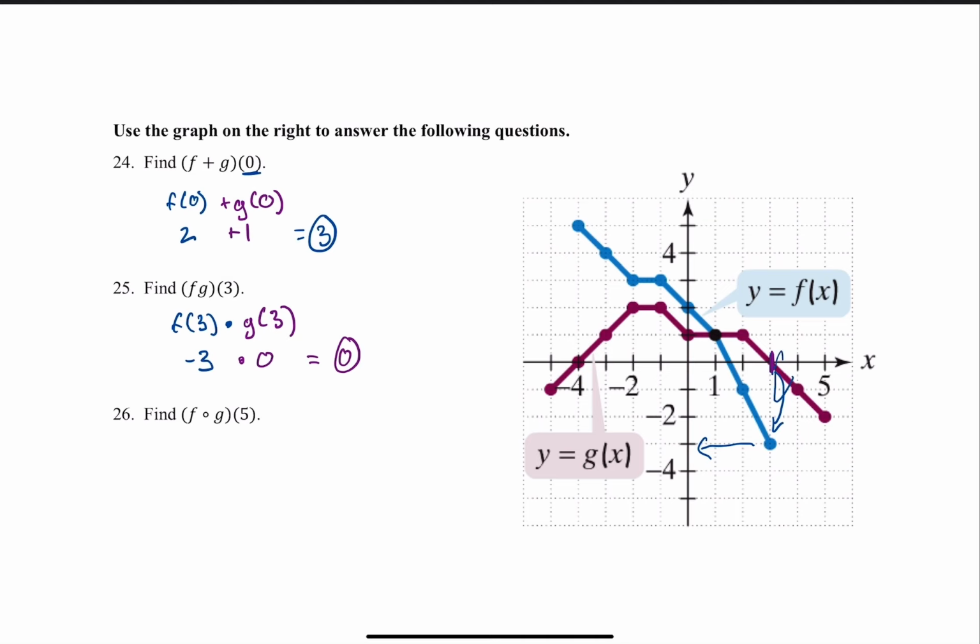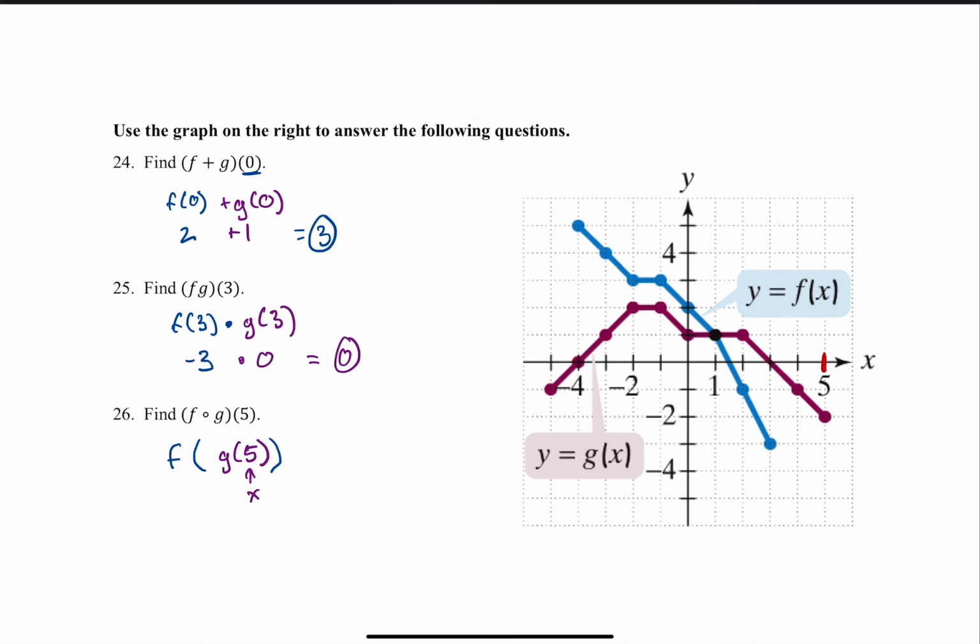Lastly, this last one is a bit of a chase. This is f, and then remember that f grows into a circle, and inside is g of 5. So what you do is start with this x value of 5. Let me change up my color just so it sticks out a little bit.